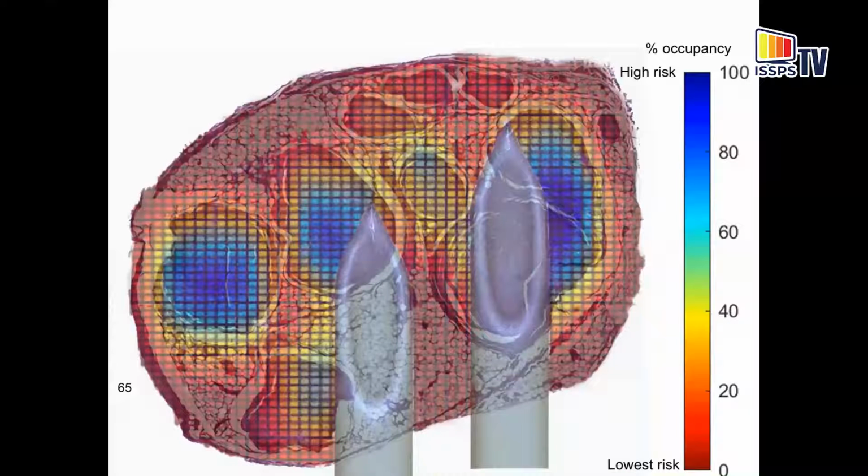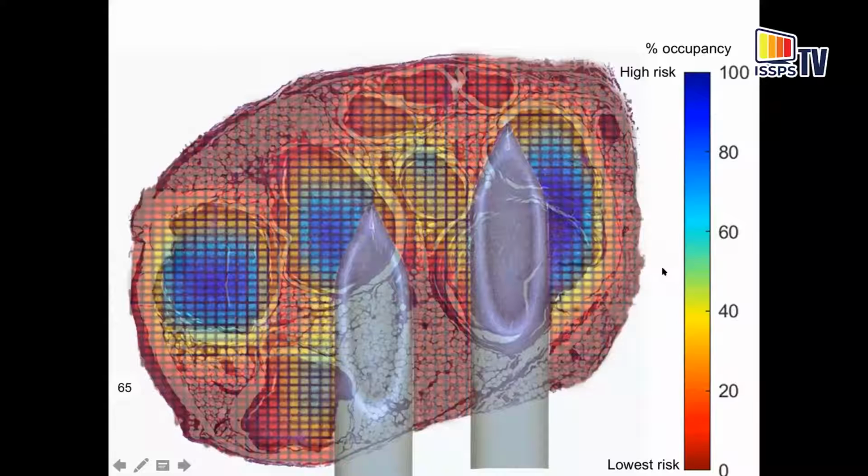We consider that this risk could be high over 80% occupancy of the needle orifice with fascicular tissue, the blue places within the nerve. To aid the interpretation of this diagram, we assigned a color to each percentage value.